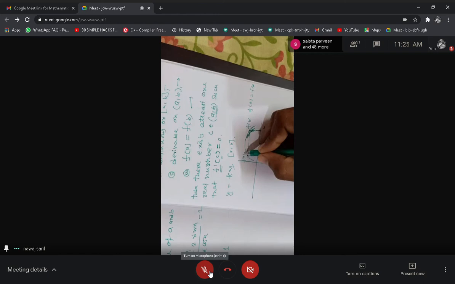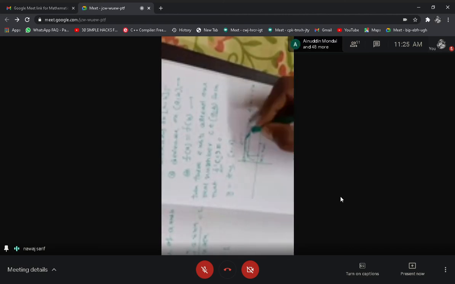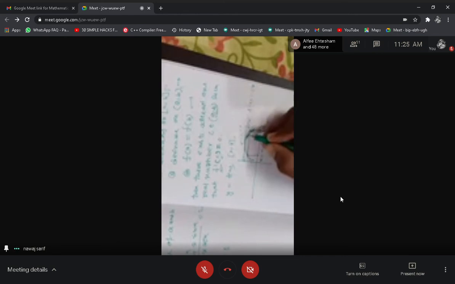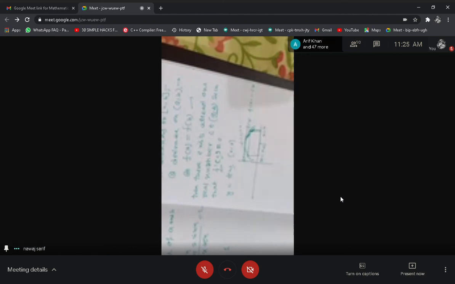This is f dash c, and f dash c equals 0. If the slope is like this, then it is not 0. But this is 0. That means the tangent of this function is parallel to the x-axis. Or in other words, f dash c equals 0.